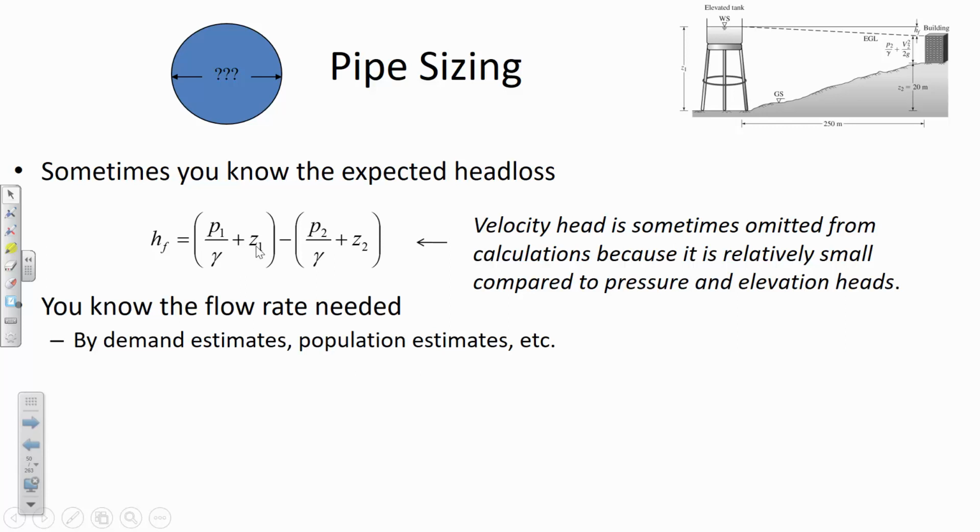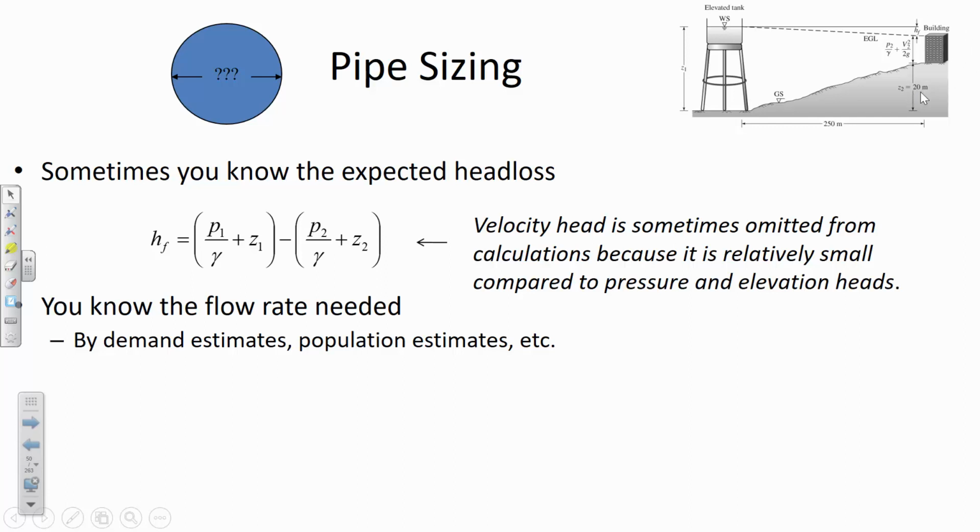In situations like this, sometimes we know how much water is needed at a certain location. In the case of some building on a hill, maybe you know how much water is needed there because you know the number of people, you have some guess of their water consumption patterns, and you know the time of day that the most people will be in the building.